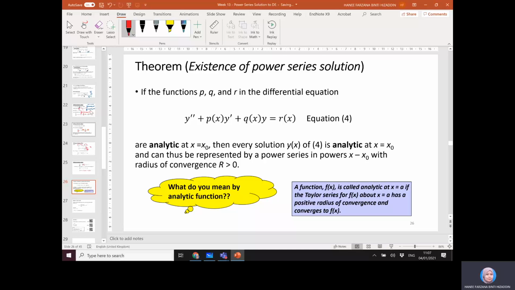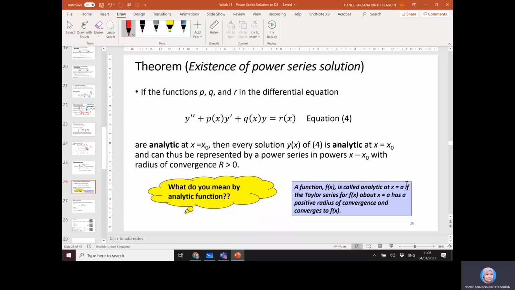Okay, next is to look at the theorem on the existence of a power series solution for an ordinary differential equation, ODE. So let's say you are given an ODE, and the functions p, q, and r in the differential equation here, so you recognize this as an ODE, right? y double prime plus p of x times y prime plus q of x times y equals r of x.